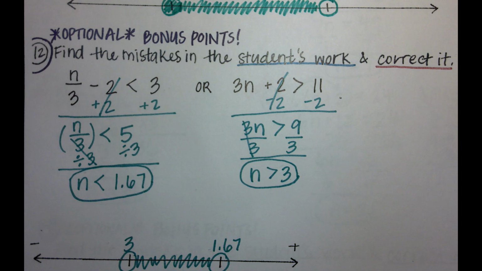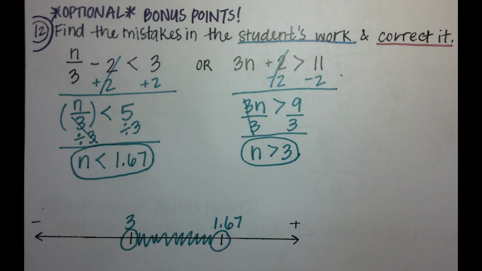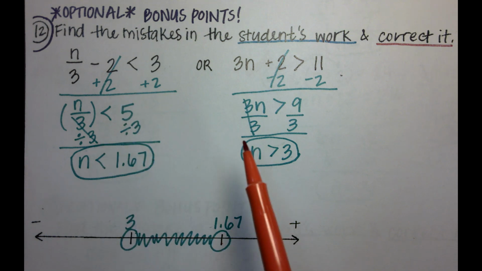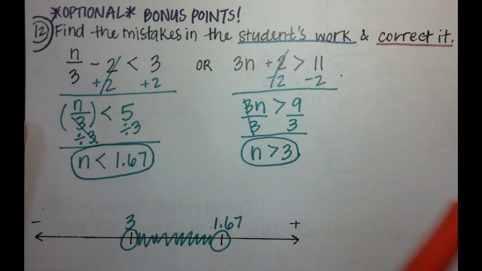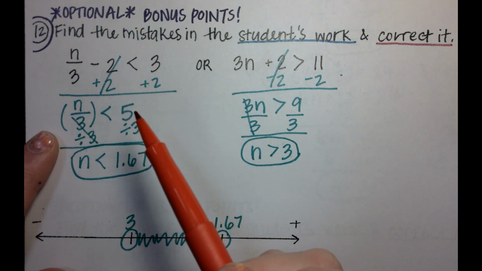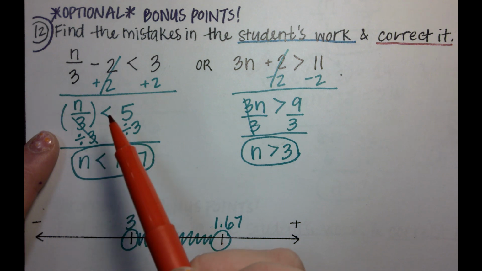So this is another optional bonus, and this is another one where you're supposed to find the mistakes in the student's work. I did, but they still go in the center. Okay, so let's see. What's the mistake you found? They divided instead of multiply.